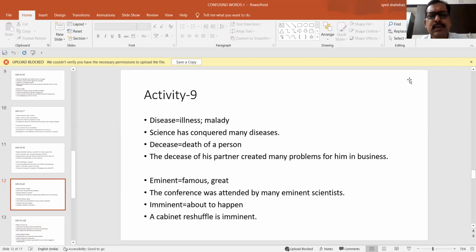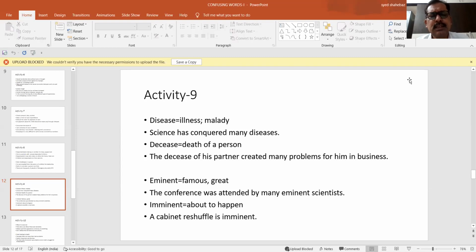Science has conquered many diseases. Conquered means overcome many diseases. Science has invented medicines, cured many diseases. In that way, science has controlled the spread of dangerous diseases like pandemics, epidemics, endemics, etc.